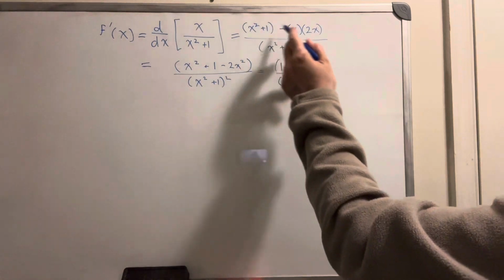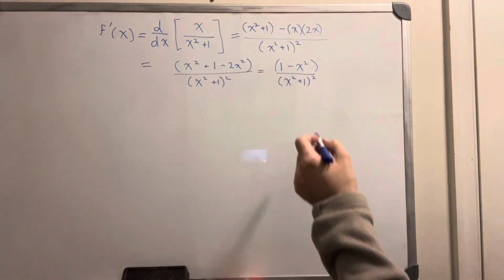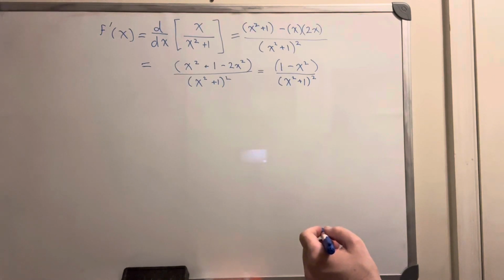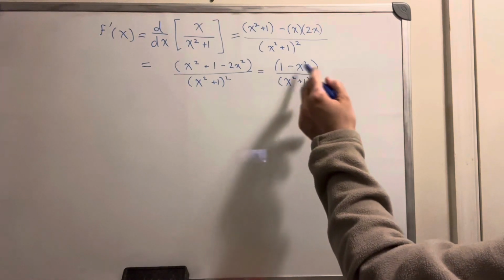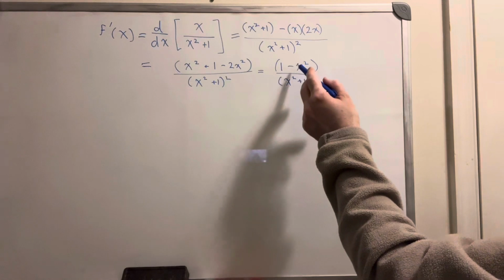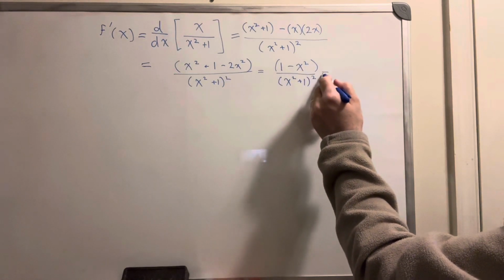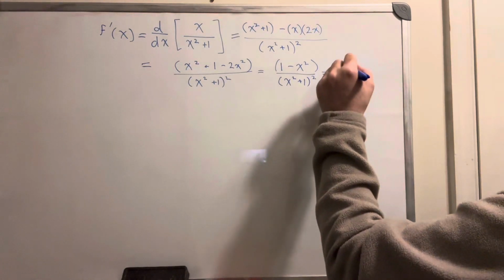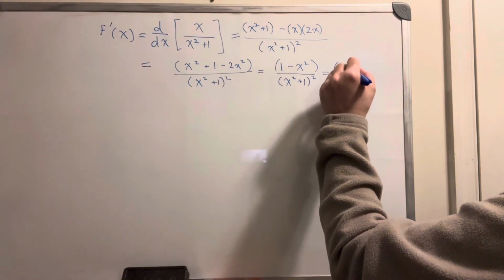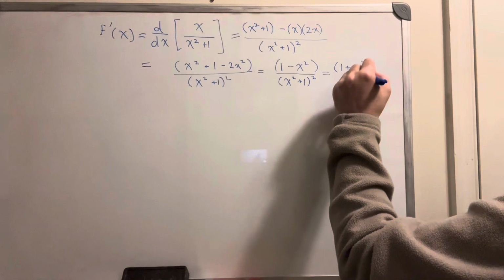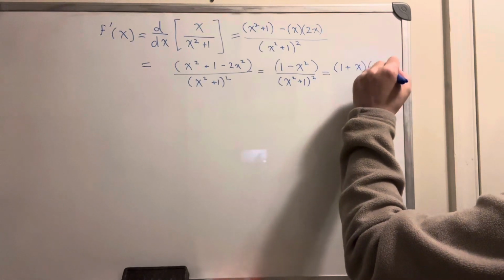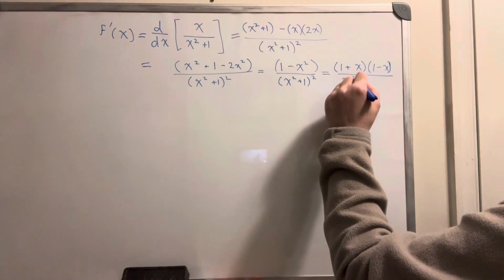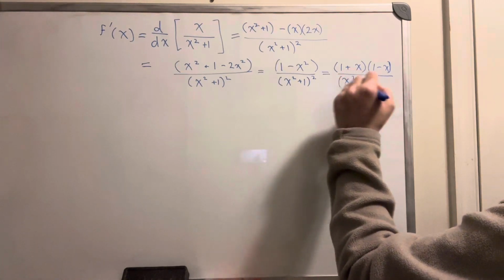So if you work this through, you find that this is 1 minus x squared over x squared plus 1 quantity squared. And this is a difference of squares. What can this be rewritten as? Do you remember the difference of squares? It's 1 plus x times 1 minus x over x squared plus 1 quantity squared.